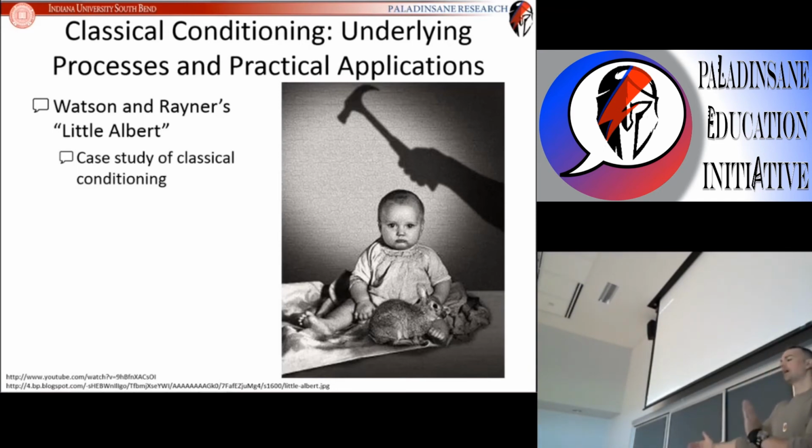But I also love the fact that it is clearly done by a student. I like the idea of students putting something out there that is so useful. So away we go with the Little Albert experiment.